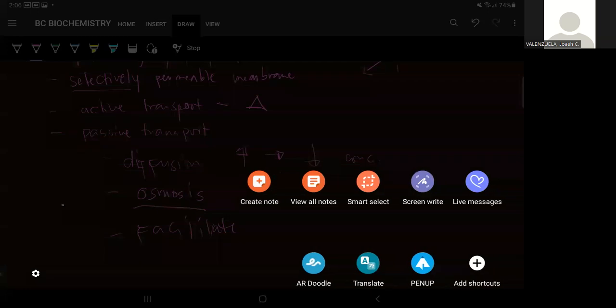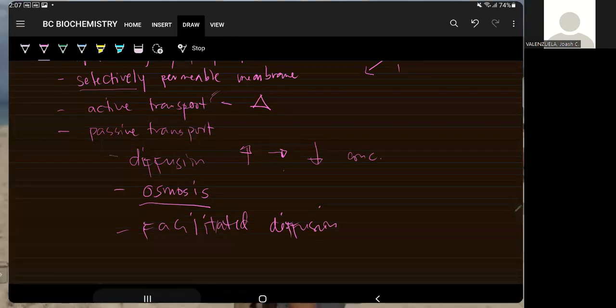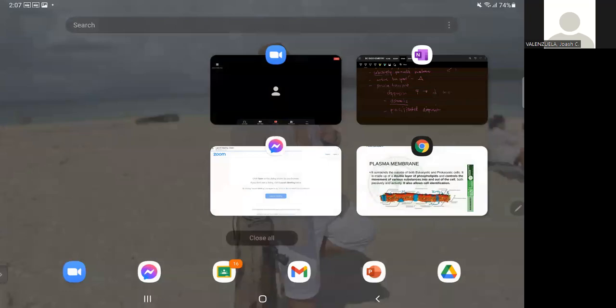And then we have your active transport. Then meron din tayo, under transport mechanism, meron pang dalawa. Yung endocytosis, exocytosis, no? Na transport mechanism. So that is for cell membrane, no? When we discuss about cell membrane.